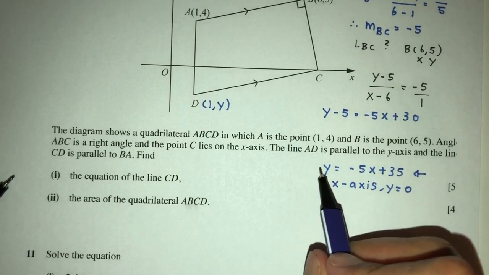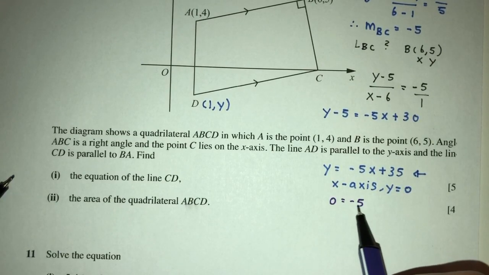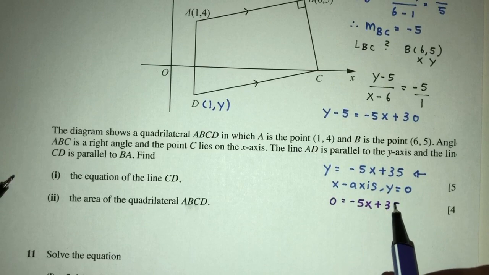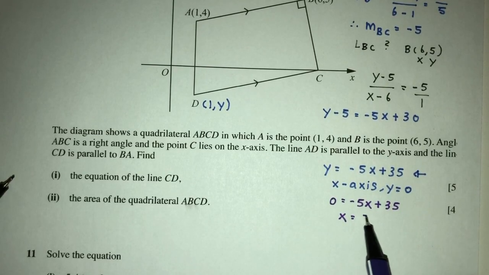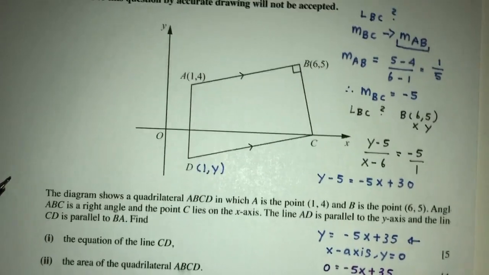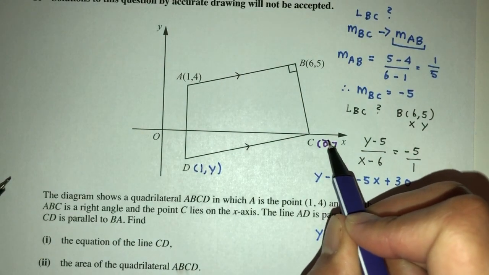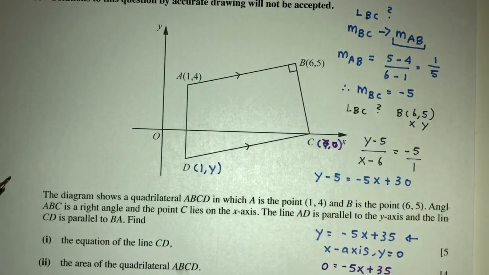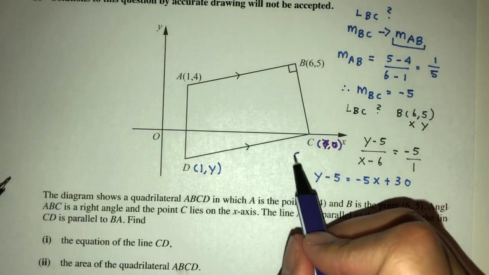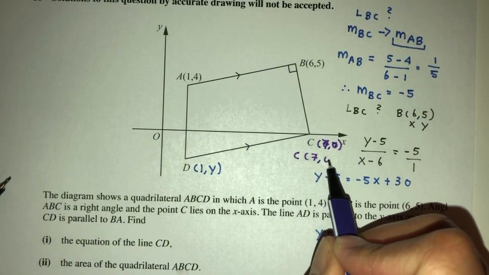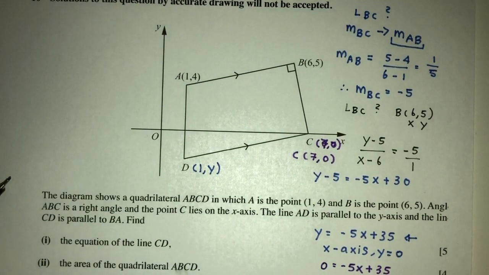So y becomes 0, equals minus 5x plus 35. So x has to be 7. So basically the point C, we know it is 7, 0. Y is 0, not x. So C has to be 7, 0. Okay, that is the point C.